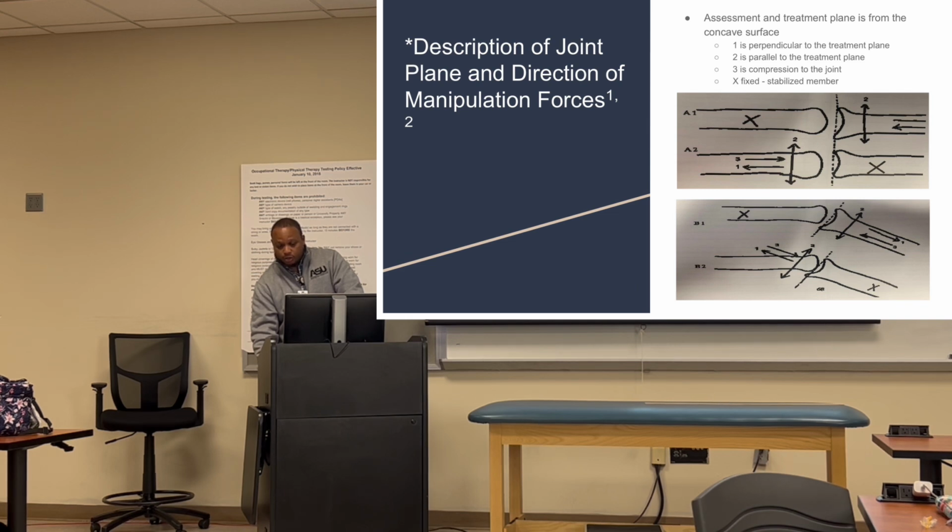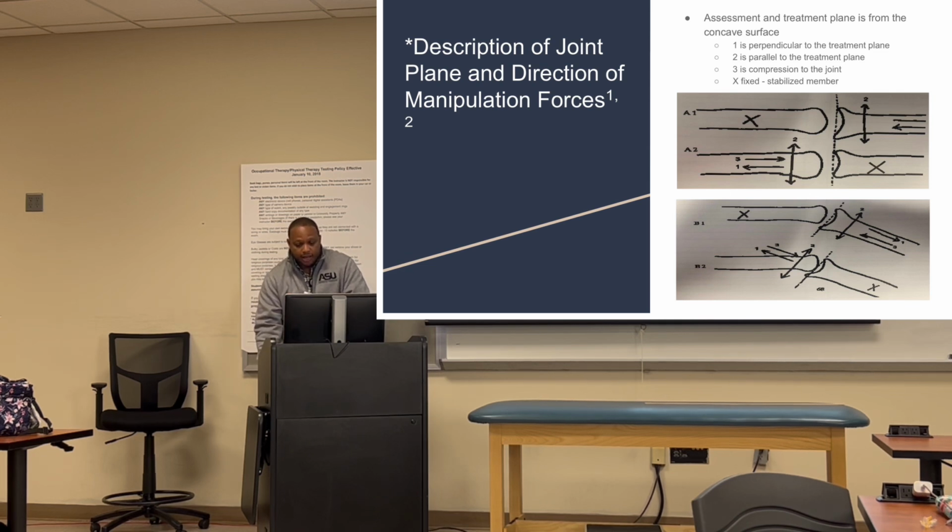You see this arrow going up and down that has number 2 above it. That is the arrow that is parallel to the treatment plane. Which surface is the treatment plane? The concave surface is the treatment plane. So you want to make sure you have a strong command of this.